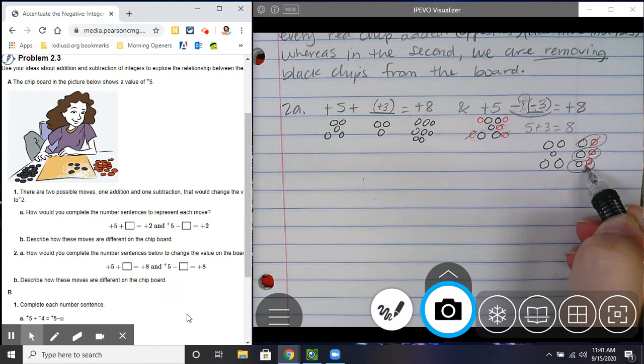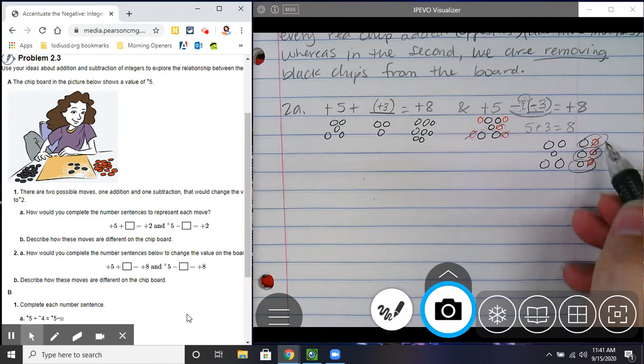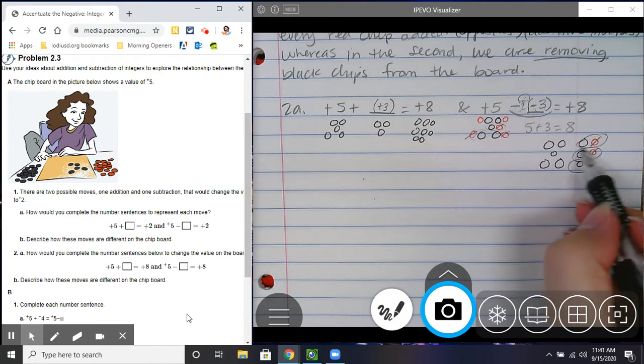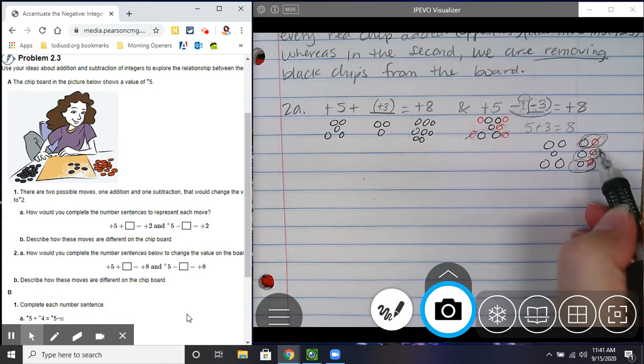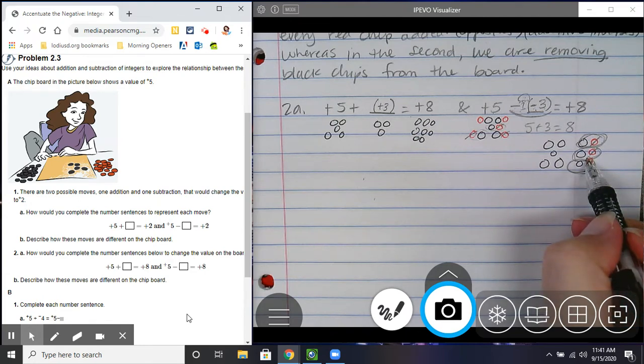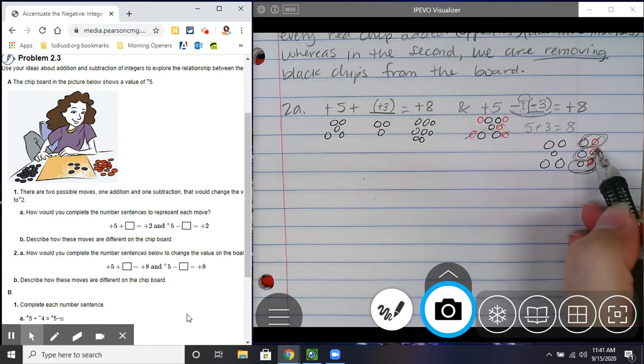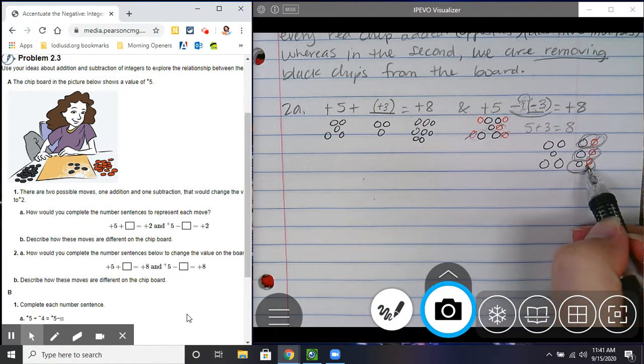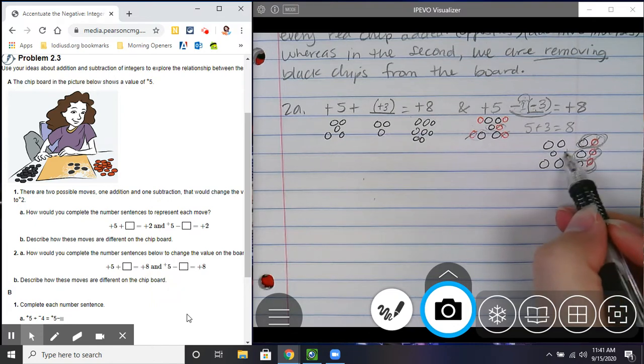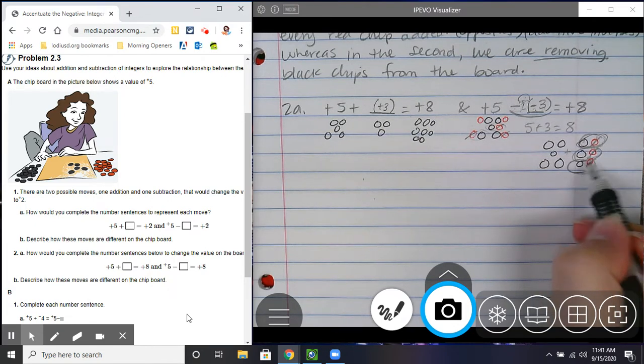Oh yeah, I think that makes more sense to me. I don't know if it makes more sense to you, but this makes more sense visually to me. If I was to add 3 sets that would equal 0, and then take away the 3 red chips, I'm left with 3 more.